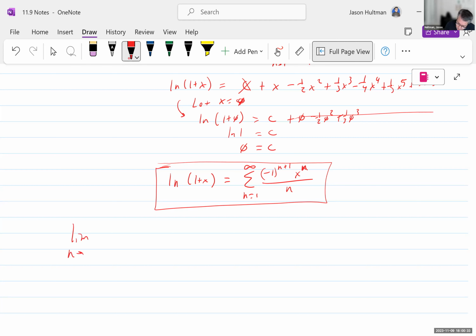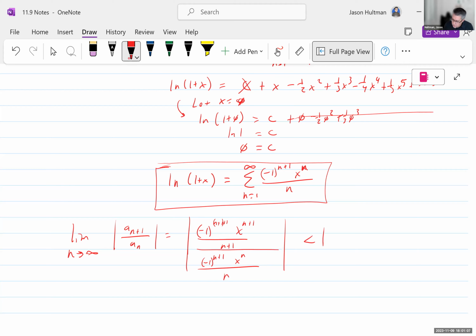Take the limit as n goes to infinity of the absolute value of a sub n plus 1 over a sub n. Okay, and so this is going to be negative 1 to the n plus 1 plus 1, or n plus 2, x to the n plus 1 all over n plus 1, all over negative 1 to the n plus 1 times x to the n all over n.